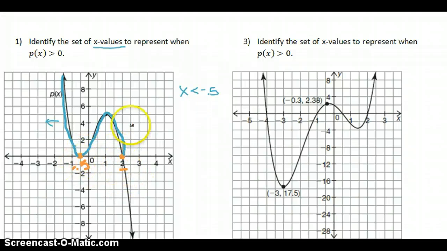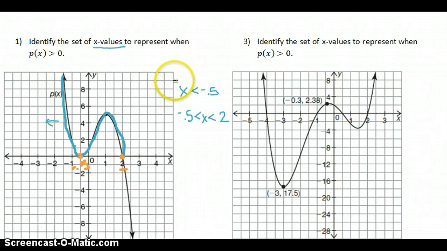We read this from left to right, and we say, okay, negative 0.5 is the lowest x value in this section of the graph, and the graph falls between, so we put the x between those two x values. So the graph falls between that negative 0.5 and that positive 2.